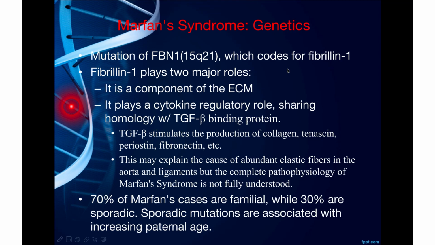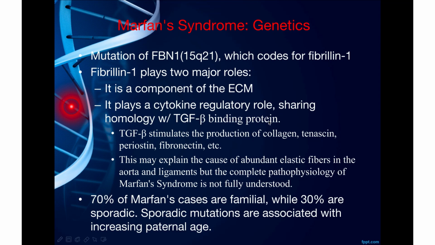And fibrillin 1 plays two major roles. It's a component of the extracellular matrix, which is important for connective tissue. And it also plays a cytokine regulatory role, sharing homology with TGF beta binding protein.